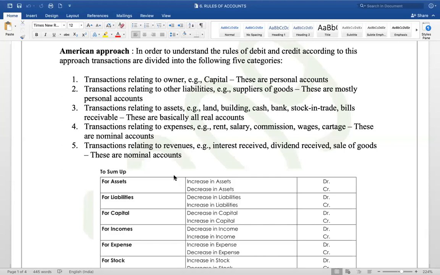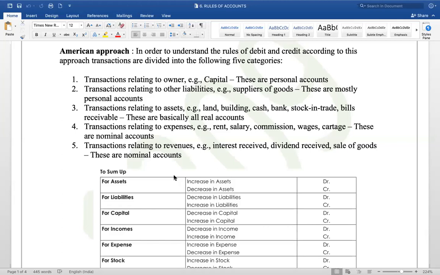They're all nominal accounts. Transactions relating to revenues is the fifth one. What are the revenues? You may receive dividend, sale proceeds, interest. They're all nominal accounts. So 4 and 5 are nominal accounts.